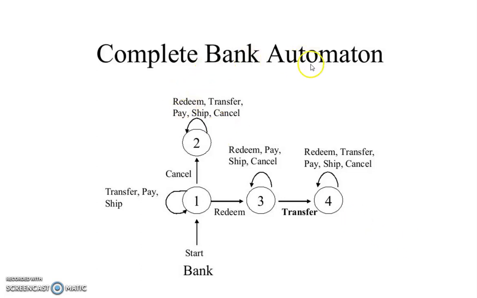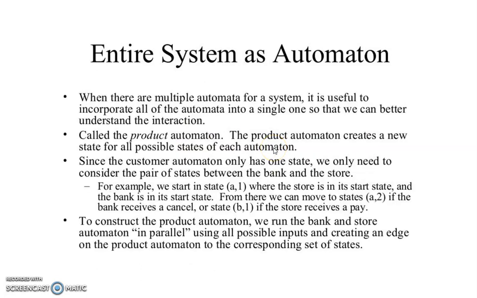This is a complete bank automata, where the initial transition state starts, then transfer, pay, redeem, transfer. When there are multiple automata for a system, it is useful to incorporate all the automata in a single one so that we can better understand the interaction. This is called the product automaton.